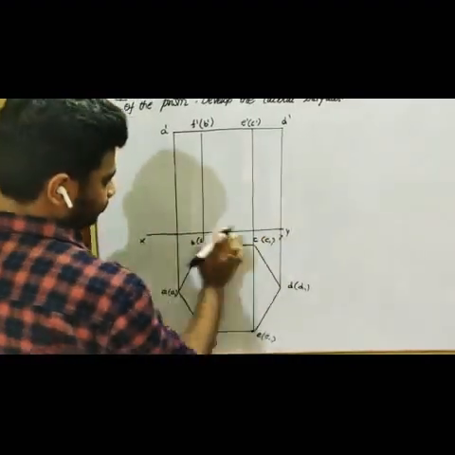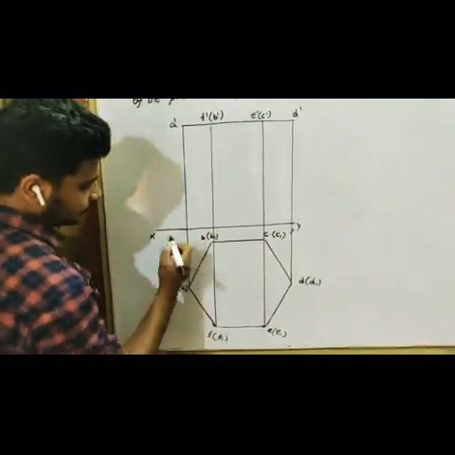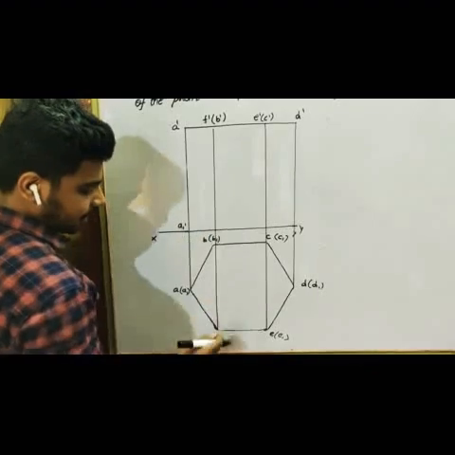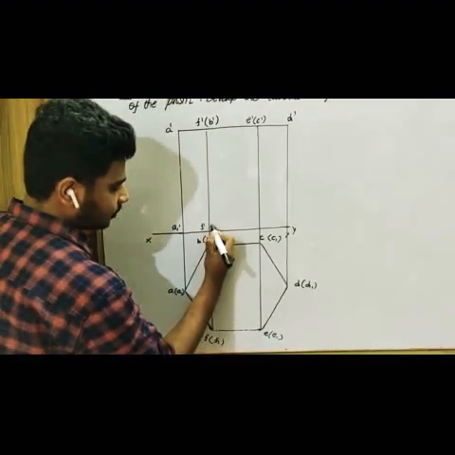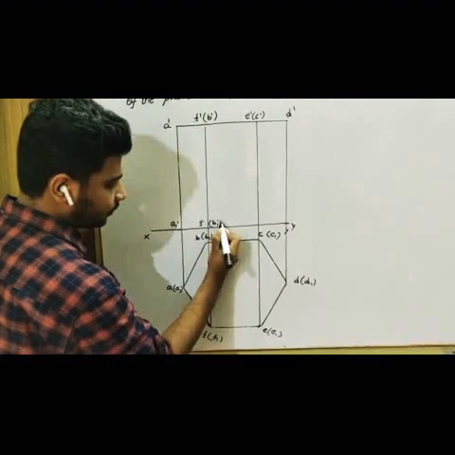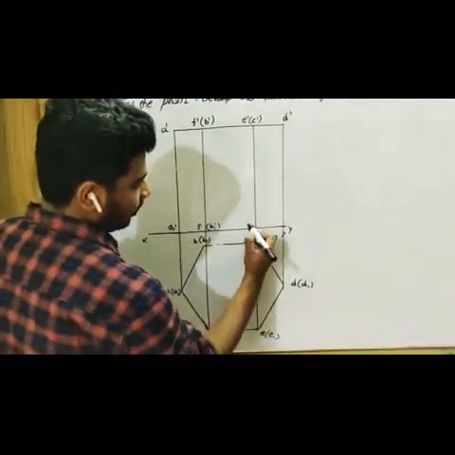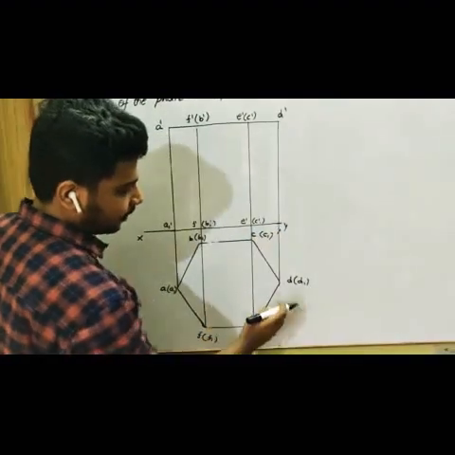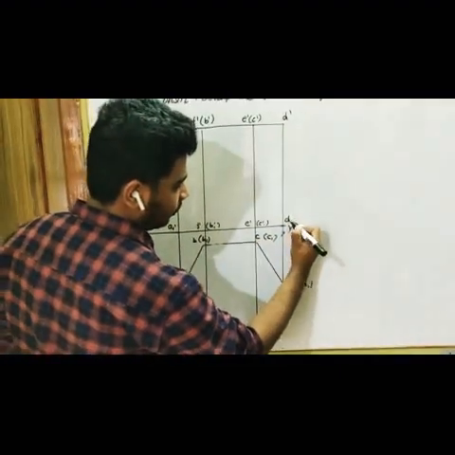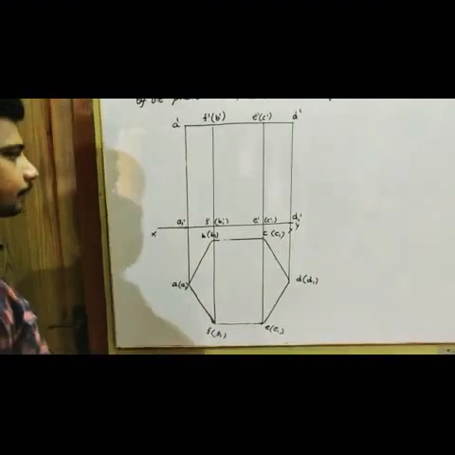So the bottom names will be, this is your A1 dash and this is your F1 dash and B1 dash will be in bracket, and E dash and C1 dash will be in bracket and D1 dash, right?